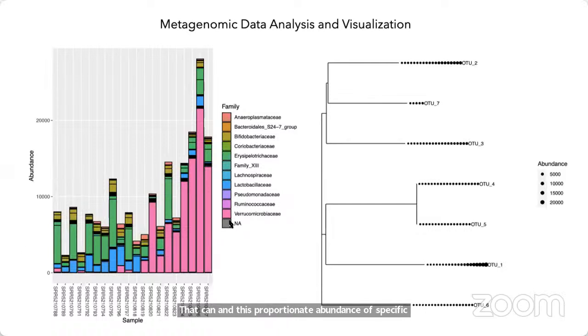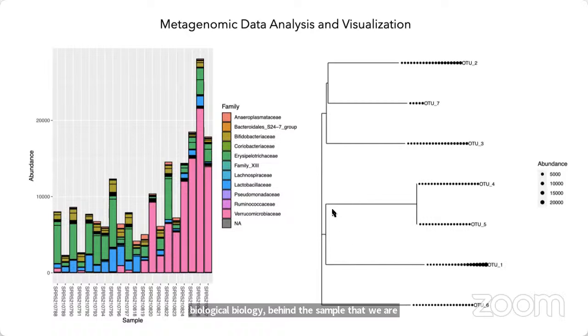In this output, you can generally see the pink portion of these bar plots, which refers to Verrucomicrobiaceae, that are abundant in only these samples and are not at all found in these samples, can be linked to the phenotypical variation and can help us understand the biology behind the sample that we are trying to characterize.